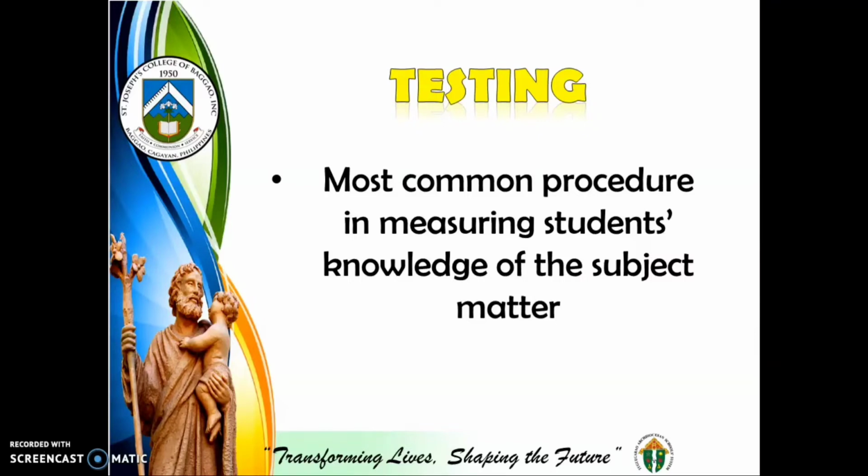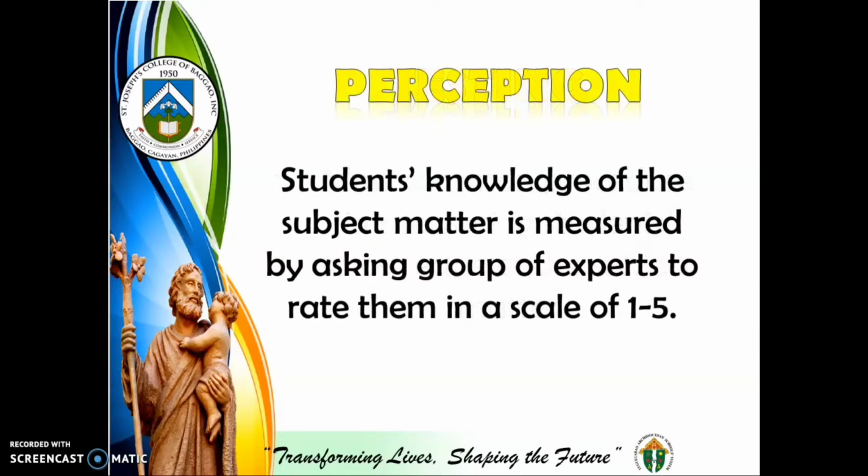What I am talking about is called perception. The procedure perception talks about the student's knowledge of the subject matter that is measured by asking a group of experts on a scale of 1 to 5.